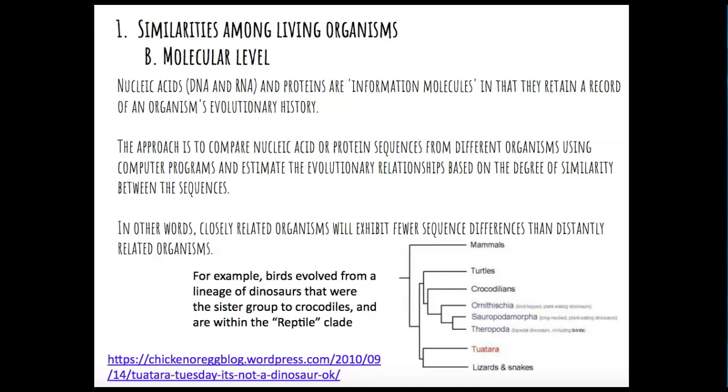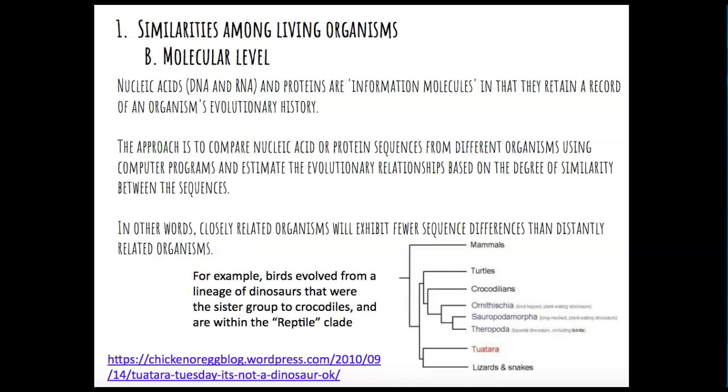The approach in comparing DNA and RNA is to compare the nucleic acid or protein sequences from different organisms using computer programs, which you guys are going to actually get to do in a lab, and estimate the evolutionary relationships based on the degree of similarity between those sequences.